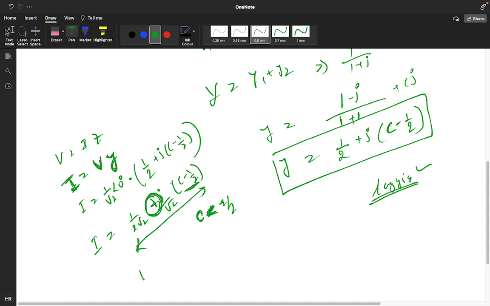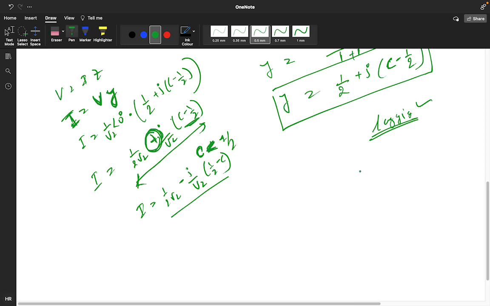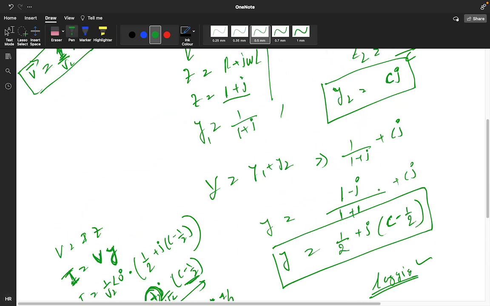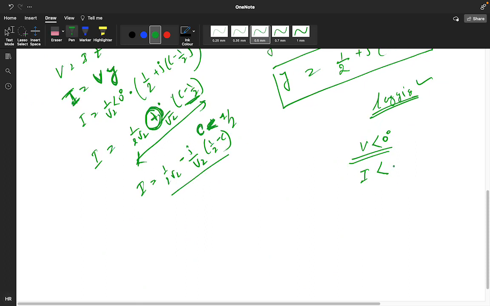Okay, so you can do it like this: 1 by 2 root 2, take the minus sign outside, minus j by root 2 (1 by 2 minus C). I just took the minus sign outside. So we are getting the angle like this, and the V angle we have taken as 0 degree. Okay, and the I angle we are taking, I is lagging, I is behind, so the I angle will be minus 36.86.